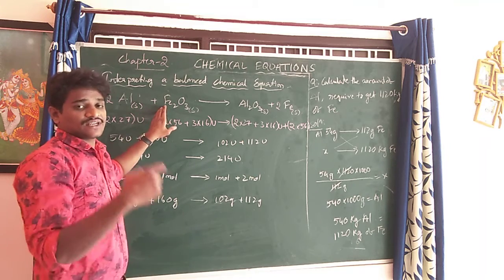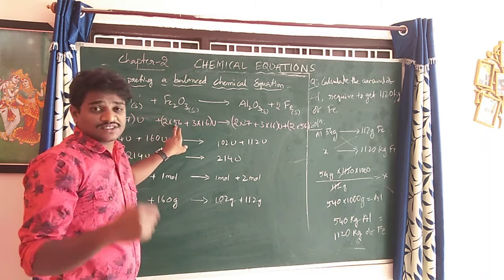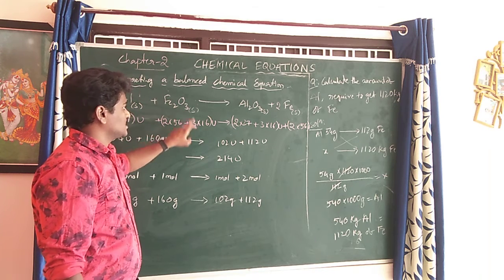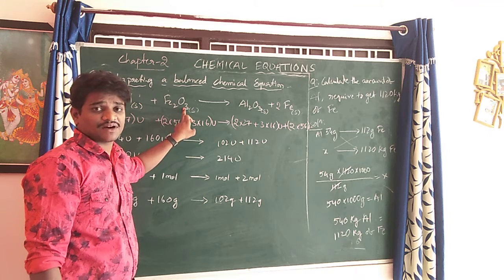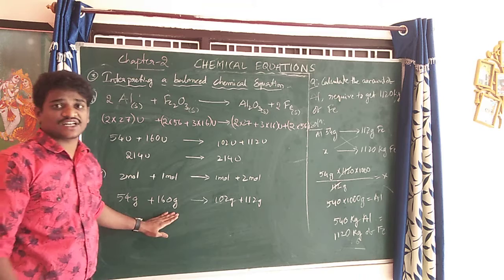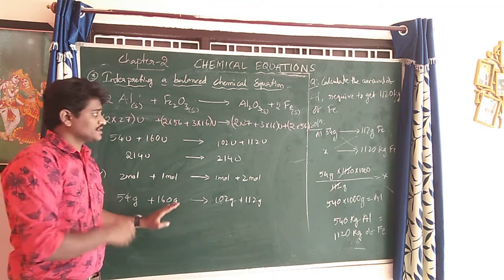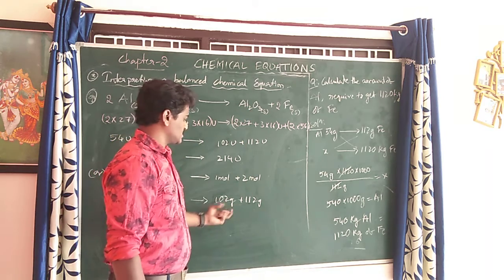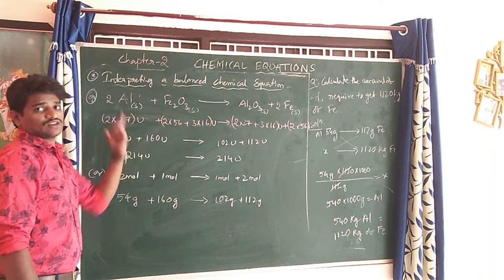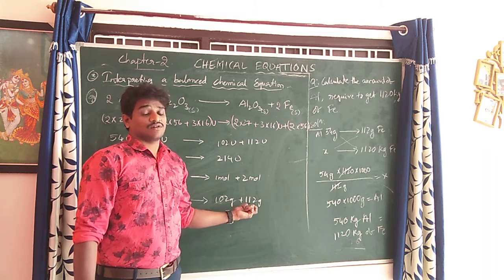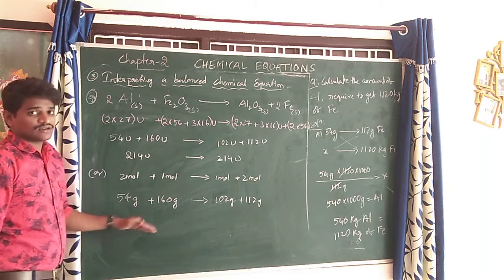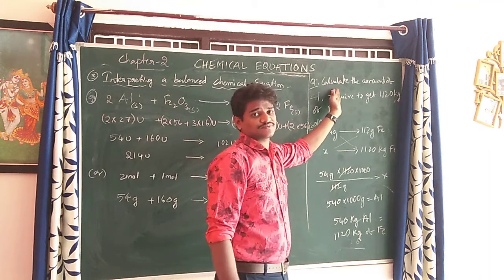Iron atomic mass is 56, and there are 2 atoms. So 2 into 56 plus 3 into the atomic mass of oxygen, 16, gives 160 grams of ferric oxide. Then you should calculate aluminium oxide as 102 grams and iron as 112 grams. So 54 grams of aluminium is required to extract 112 grams of iron. By using this, you can calculate this question. Okay, thank you.